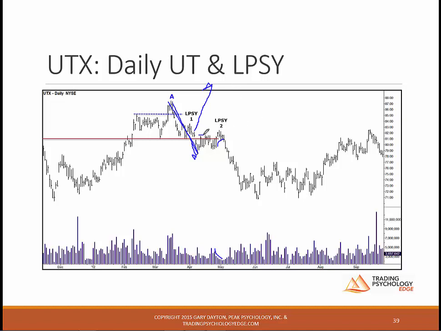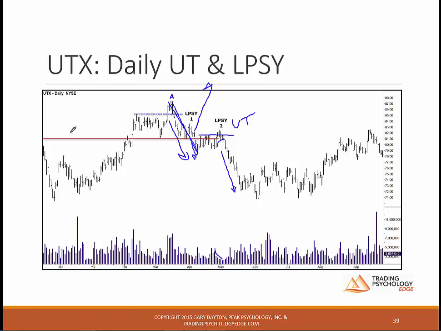And we also have an upthrust in here. And when we have an upthrust, we expect, just like we got here, a larger sign of weakness to unfold.